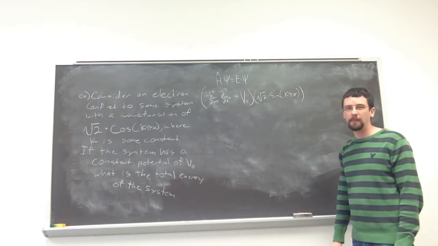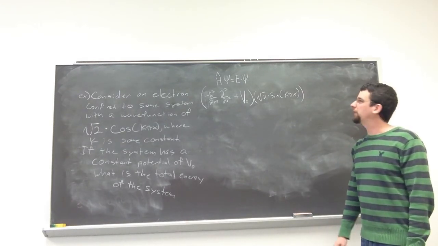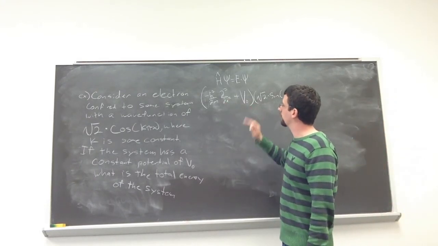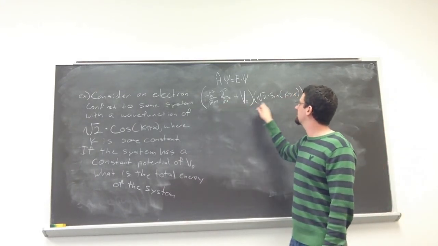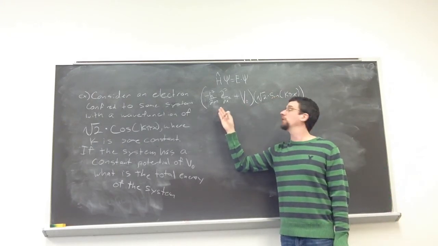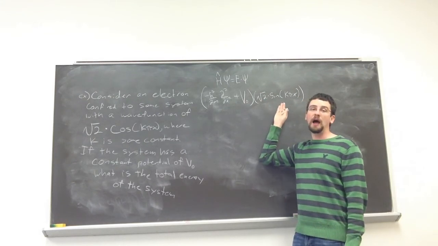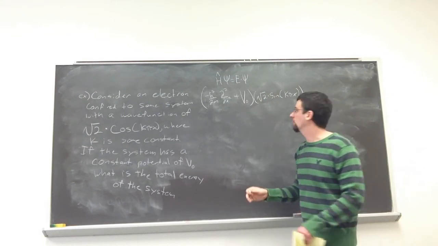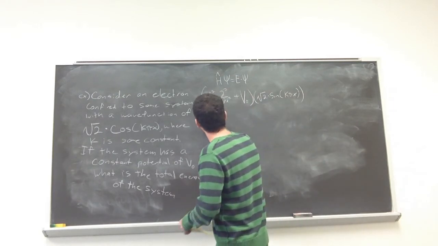Let's break this apart. Basically, we have psi times these portions here. We'll look at the kinetic energy operator operating on our wave function first, then we'll look at the potential part.